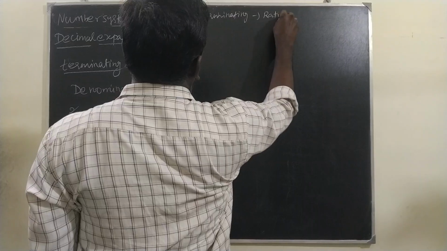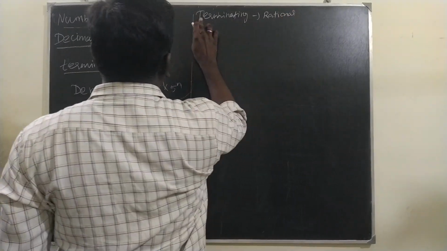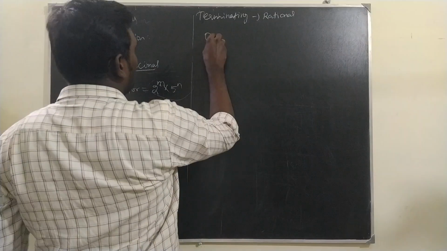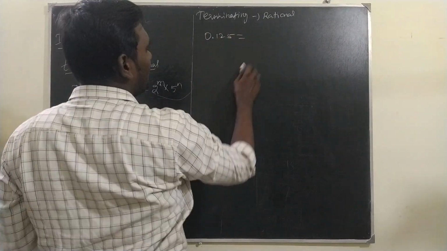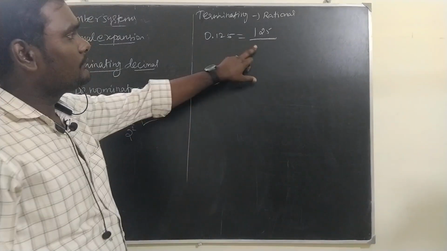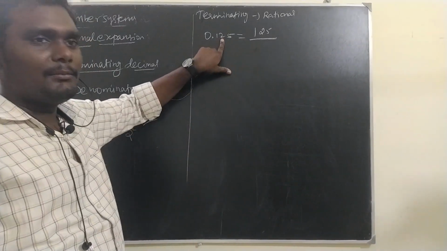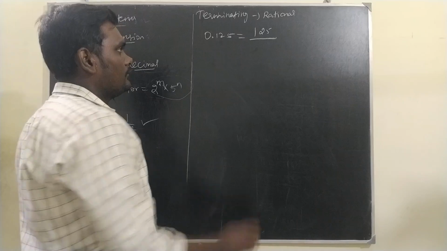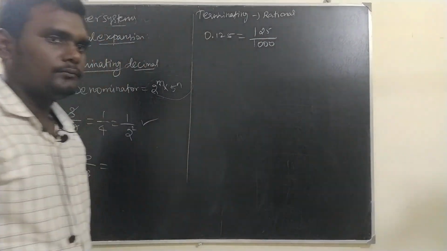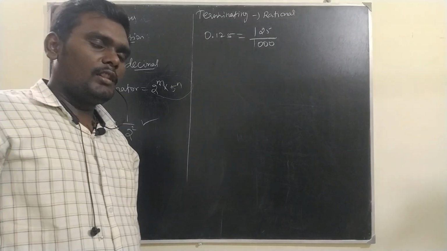Simply remove the decimal point and put 1 divided by... we have 3 decimal places here, so 1 followed by 3 zeros.